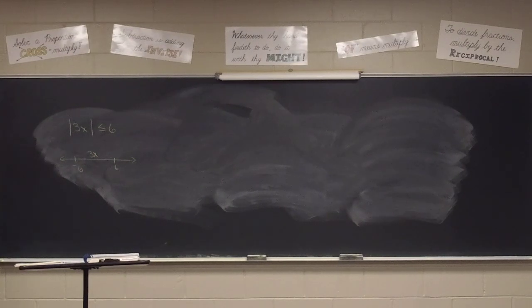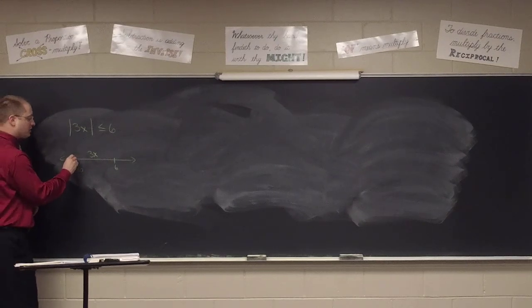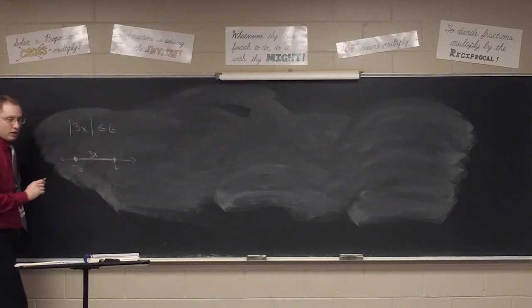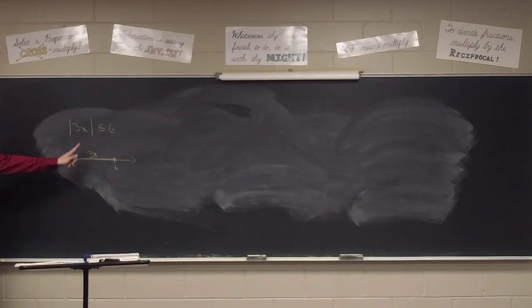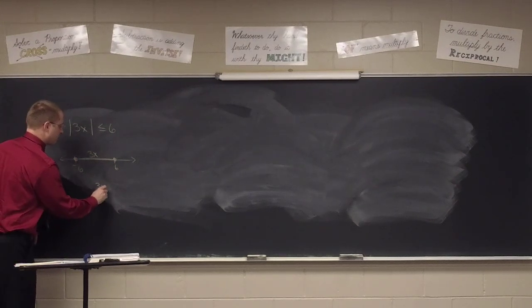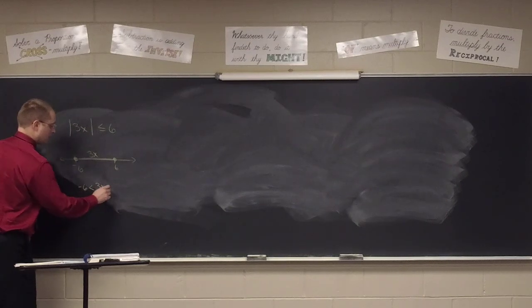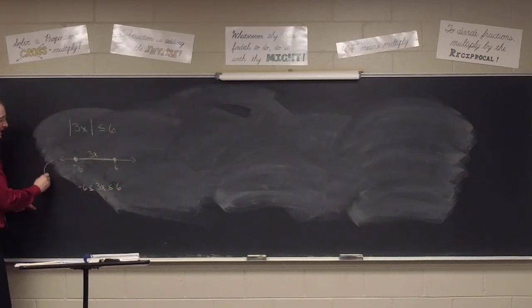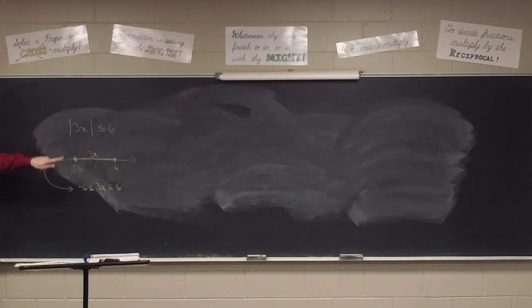This gives you a visual of what we're dealing with. We have these 2 dots, and the 3x is going to fall in between the dots. If you draw the picture, it will help you to remember to say that 3x falls between the 6 and negative 6. It's a visual to get you to this point.